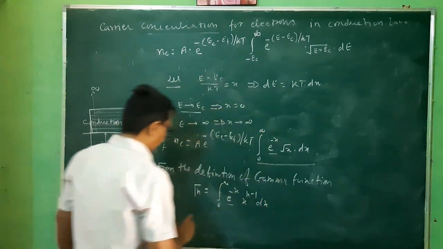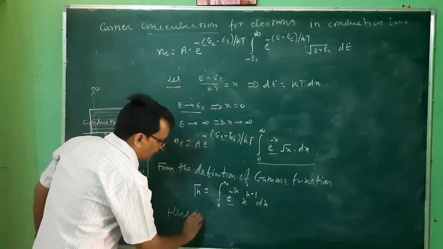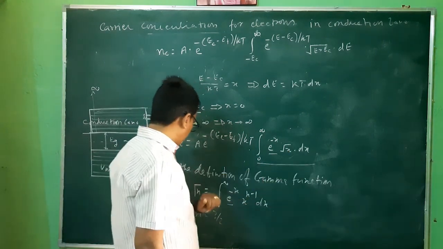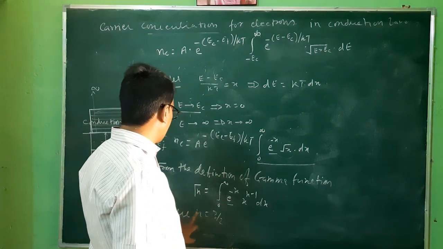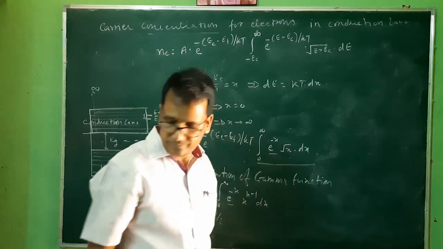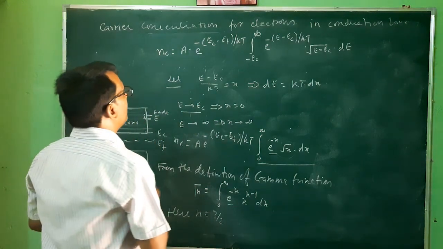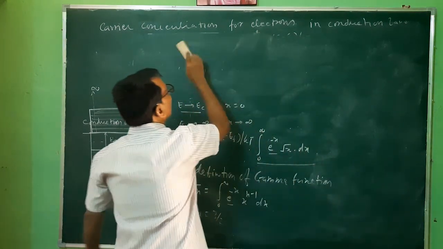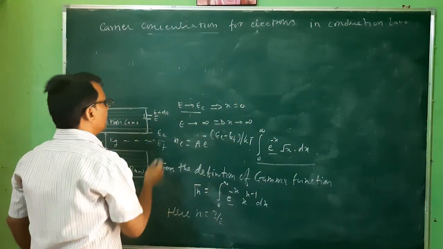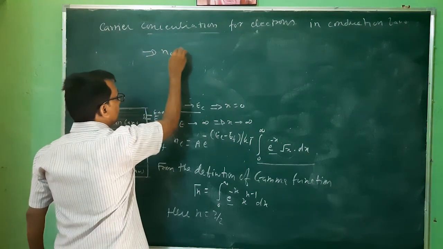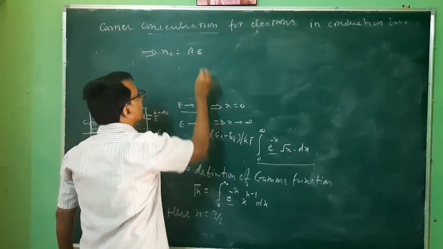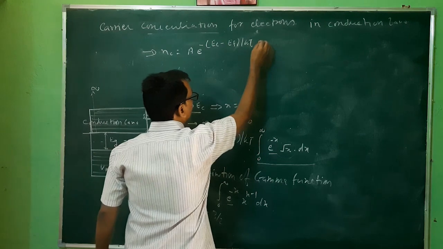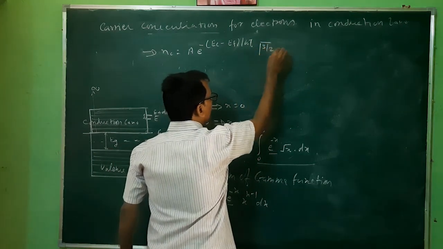So by comparing these two, n minus 1 is equal to half, so n is equal to 3 by 2. So by putting n equal to 3 by 2, we will have this Nc equal to A exponential of minus (Ec minus Ef) by kT multiplied by gamma 3 by 2.